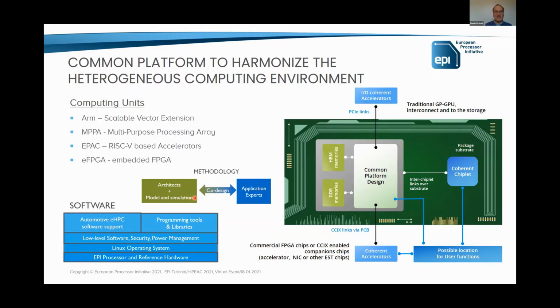I was talking about heterogeneity in EPI, or heterogeneity in terms of computing units, as the following. The generic processing is made with ARM cores with a scalable vector extension. Then we have several accelerators: MPPA, multipurpose processing array, for more real-time processing possibilities.